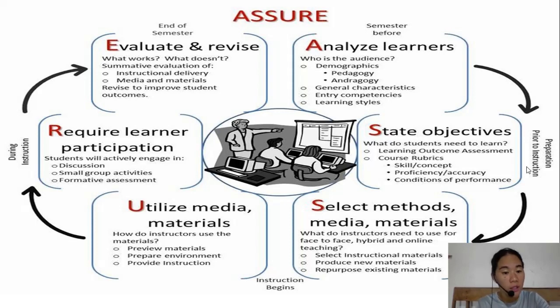Of course you can utilize the other materials. And of course you have to prepare the environment. If you're going to have an online learning environment, you have to be sure that you have a strong internet connection, so that there will be no problem in delivering your instruction online. You also have to provide instruction.